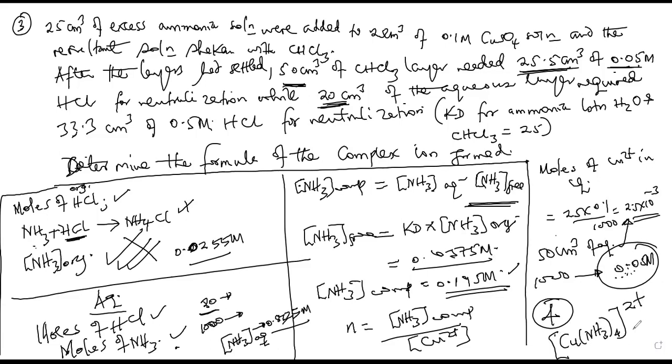So that is the formula of the complex after having gotten 4. 4 is the number of ligands, the number of ammonia molecules that coordinate with copper 2 ions to form a coordination complex of tetramine copper 2 ion, right? So that is what we get.